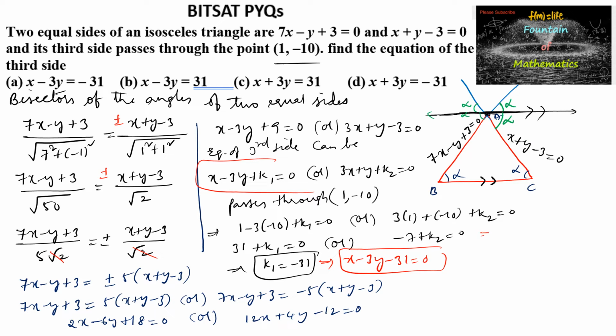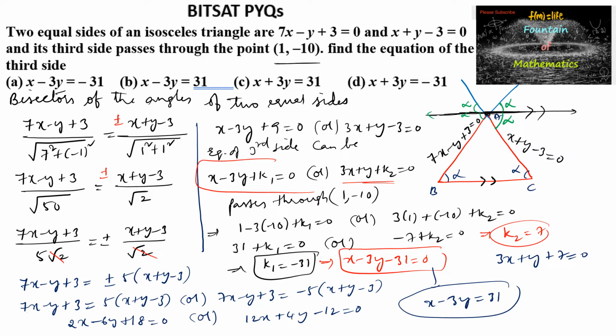And by taking k2 is equal to 7, we get the equation 3x plus y plus 7 is equal to 0. So clearly x minus 3y is equal to 31 is one of the options, which is B. So option B is the answer. The equation of side BC can be taken as x minus 3y is equal to 31.